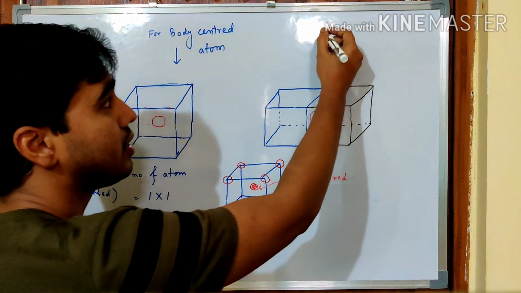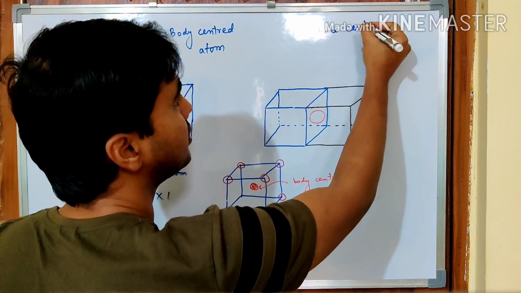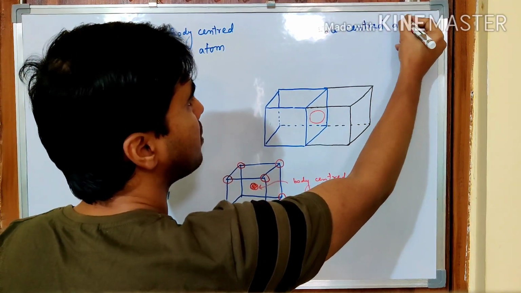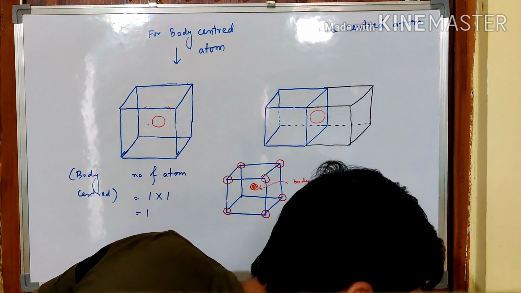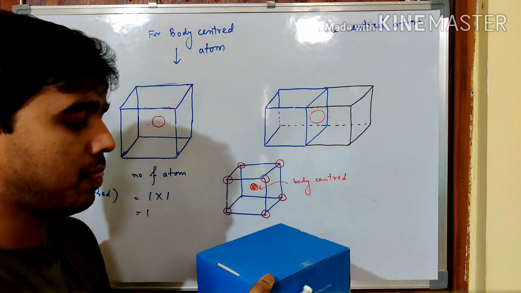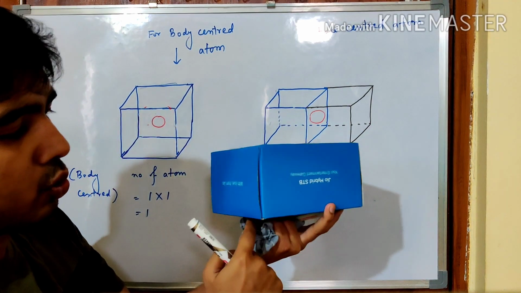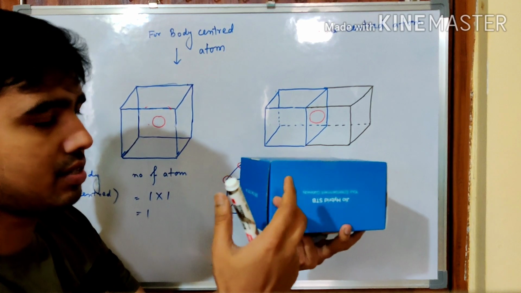But here, if we are looking at face centered atom, first of all, where the face centered is located, you see here. Suppose this is a cube. So here 1, 2, 3, 4, 5, 6 faces.